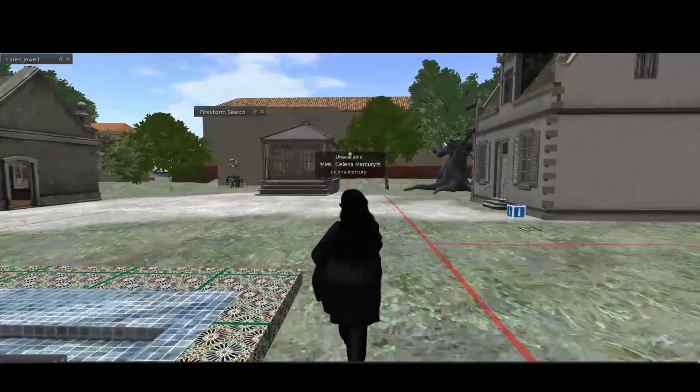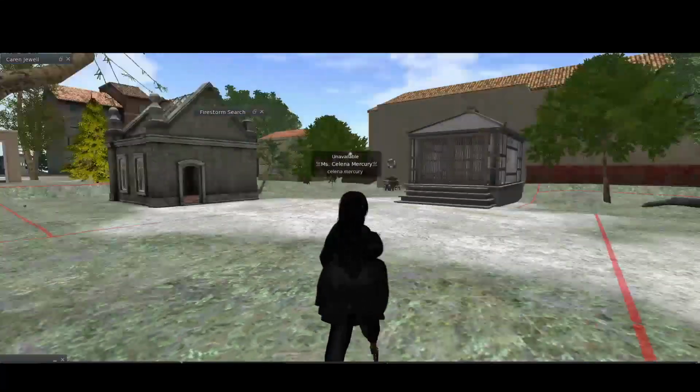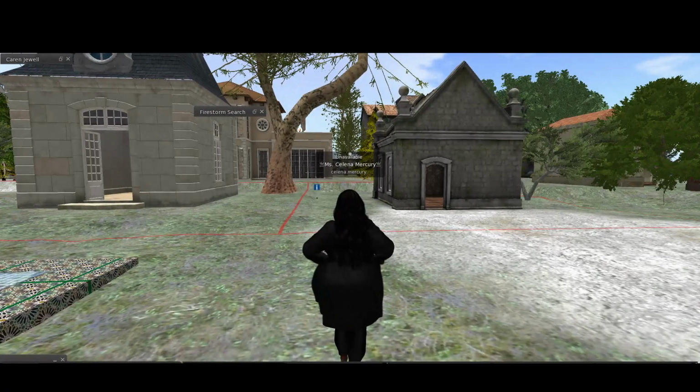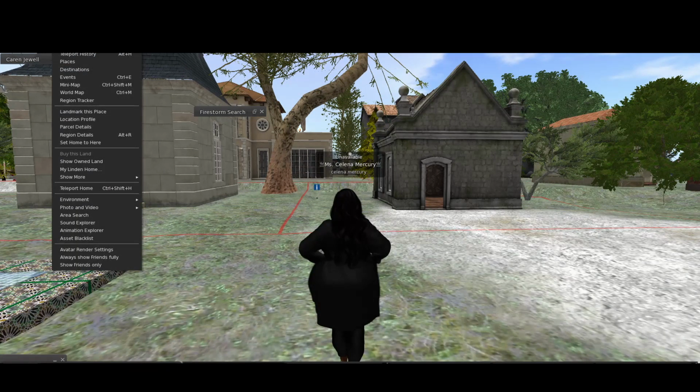All right, let's look at the last way to obtain rentals. And we're going to stand right here and do that, actually. And we're going to go to Firestorm. Remember that? I'm on Firestorm. I don't know how this works on the other platforms.